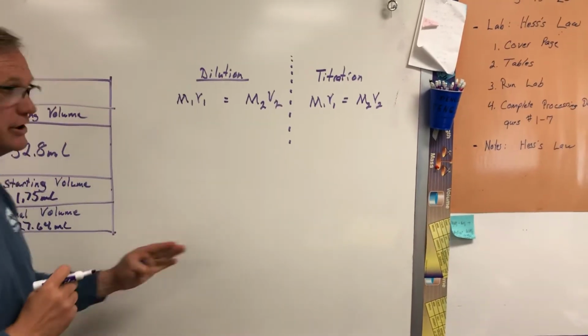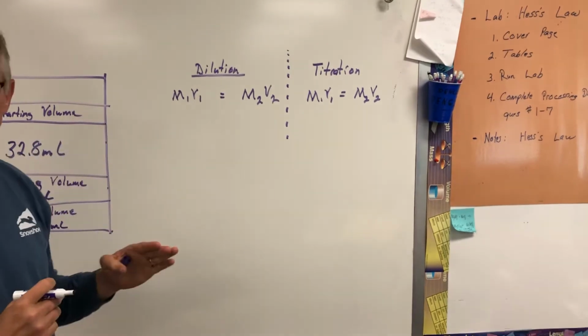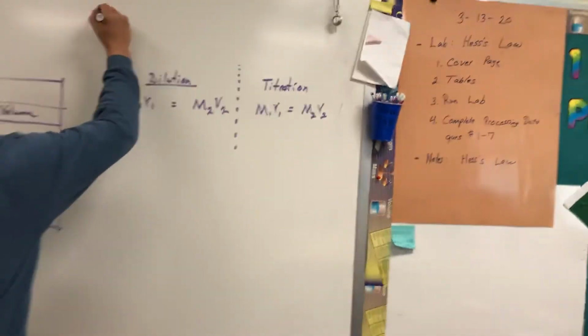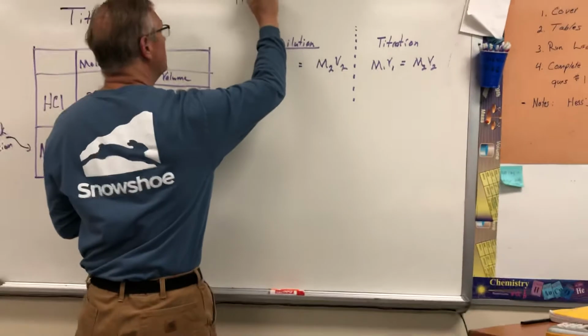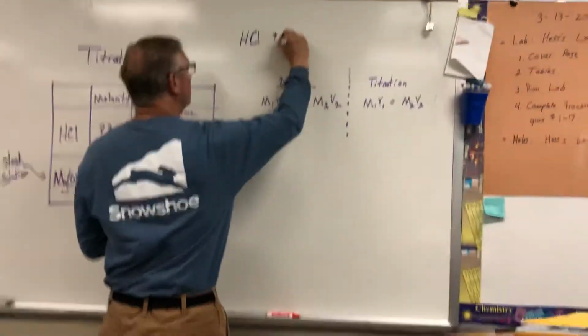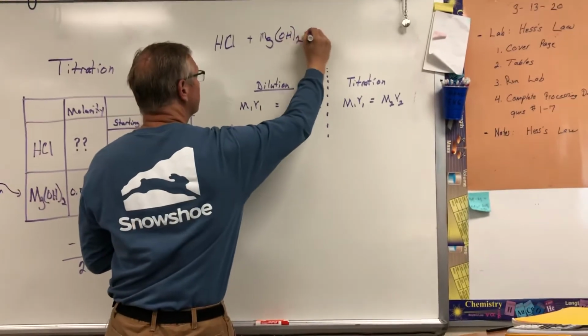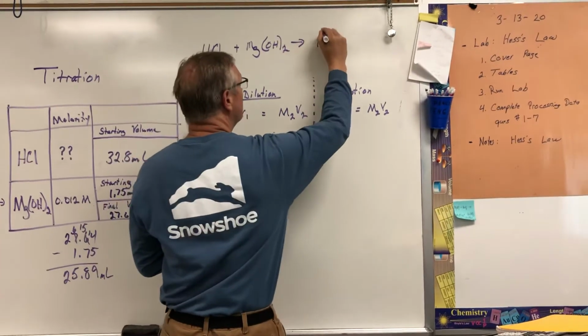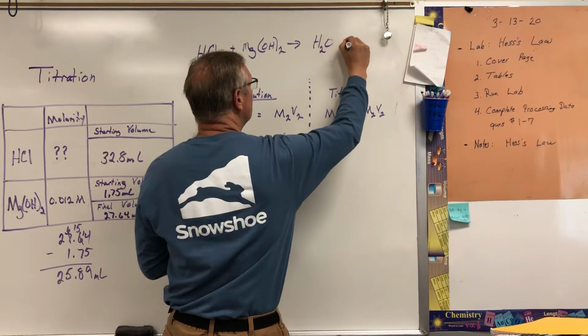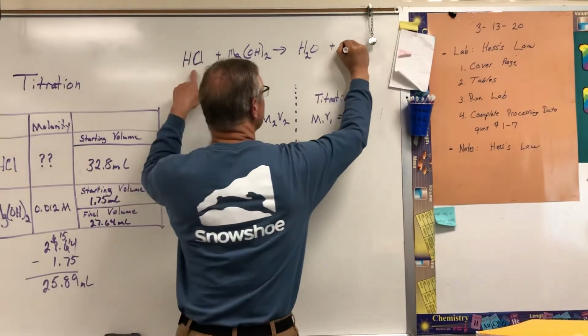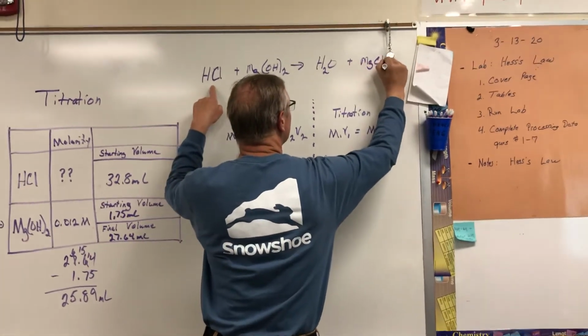When we were in honors chemistry, we always had our acids and our bases at a 1-to-1 ratio. This, however, is a little bit different. So I'm going to get H2O plus, and then the salt is MgCl2.